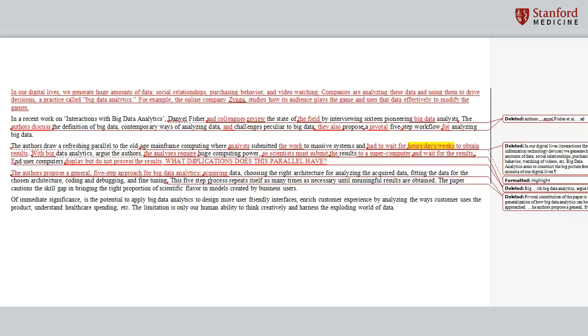This 5-step process repeats itself as many times as necessary until meaningful results are obtained. Now, I'm actually going to put a passive voice here. This 5-step process is repeated. The reason is I don't think the process repeats itself. Is it self-sustaining? I'm not sure.